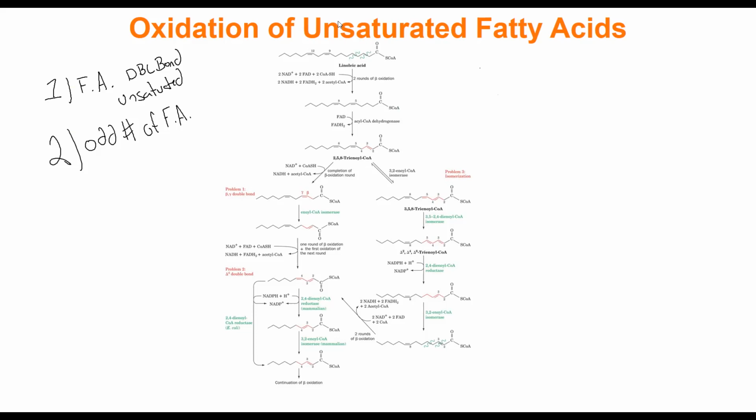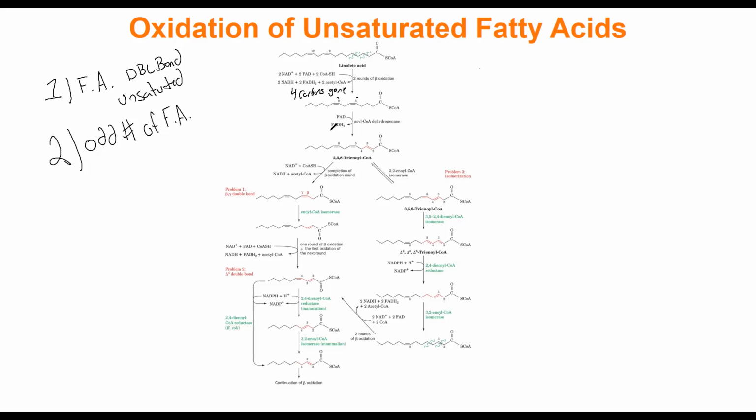Linoleic acid has a double bond on carbon 9 and carbon 12. And so you can do 2 rounds of beta oxidation, no problem. So we lose 4 carbons. So 4 carbons gone.